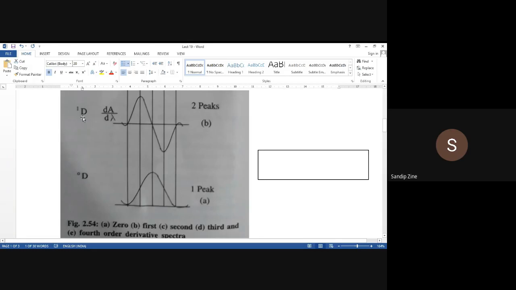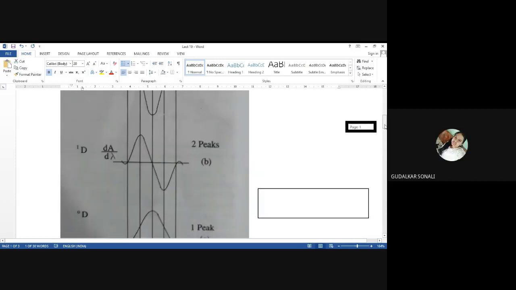Can anyone answer what will be the second order spectrum, or the second order derivatization? It is obtained by calculating the, yes. Sir, it may have three peaks. And what will be the graphical output? What will be on the x-axis and what will be on the y-axis?